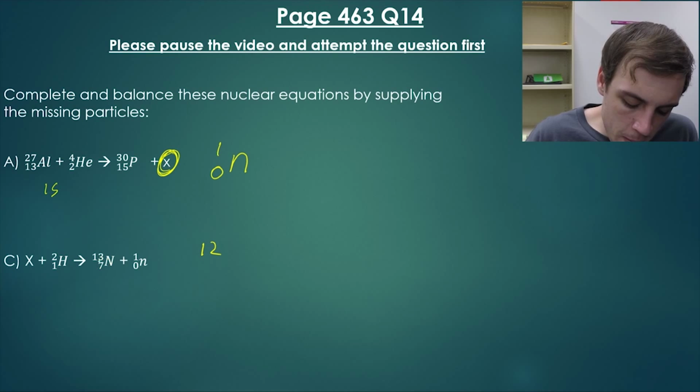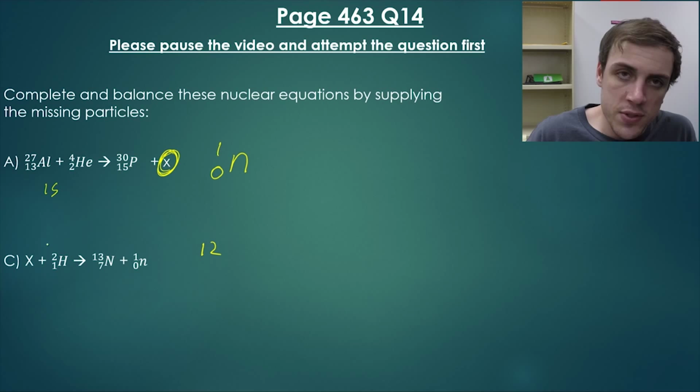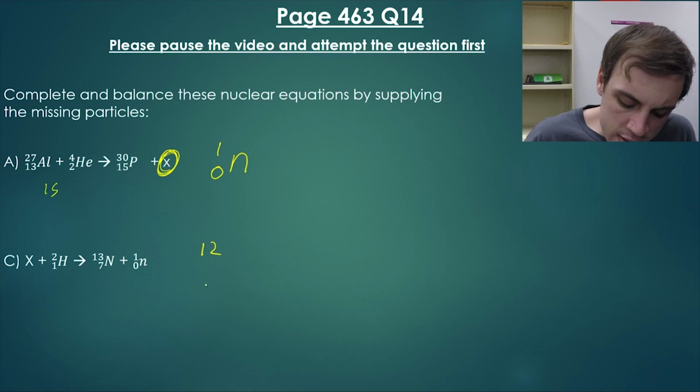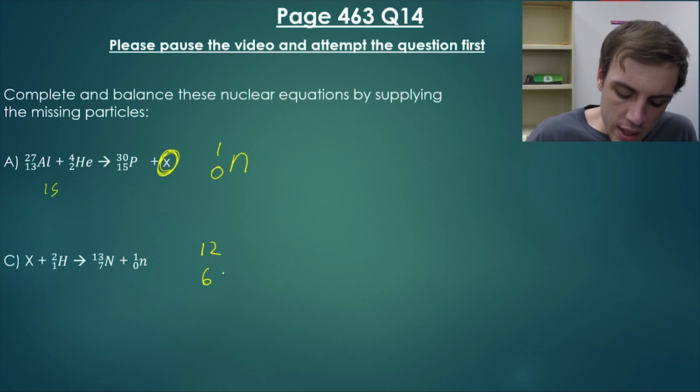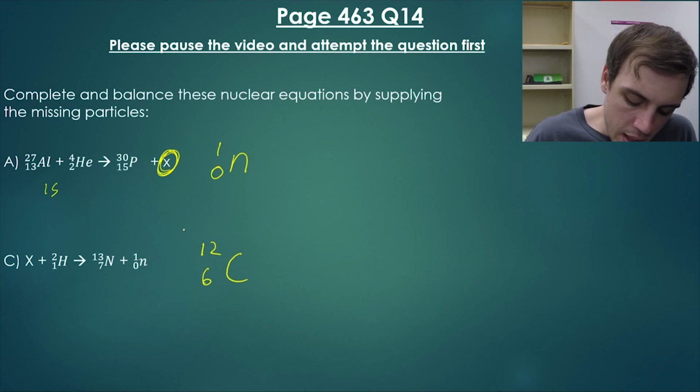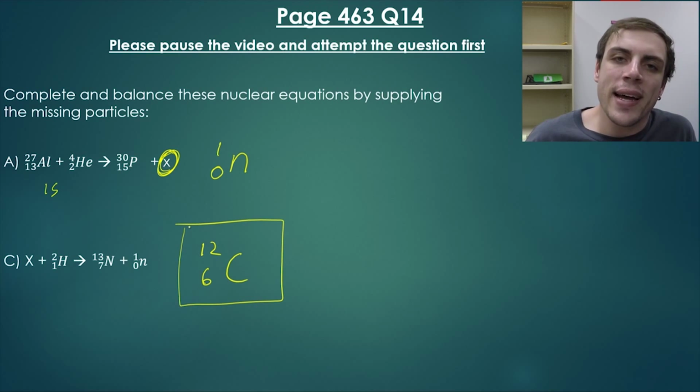Now 7 and 0 means our total atomic number, so our atomic number here is 7. So 1 plus something gives 7, so that would be 6. So we look on the periodic table and ask, what has the atomic number of 6 and an atomic mass of 12? And that atom is carbon. So our missing particle here is a carbon atom.